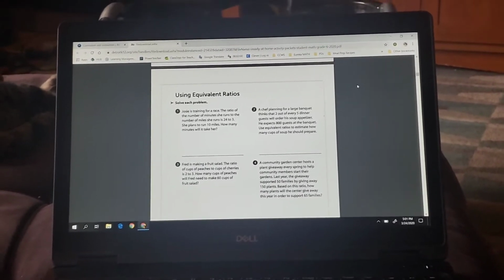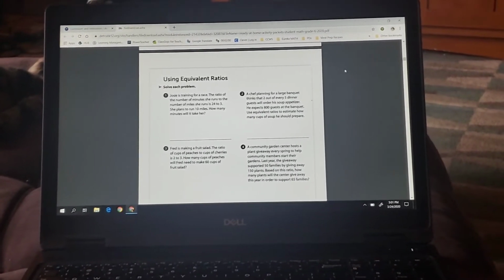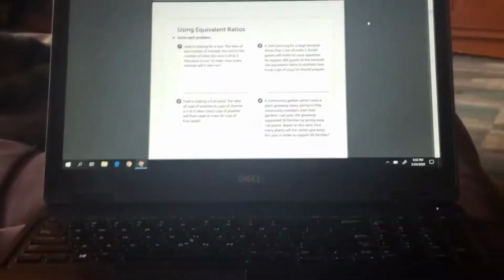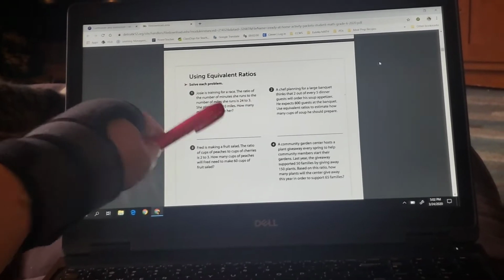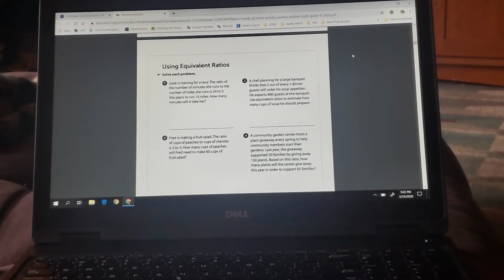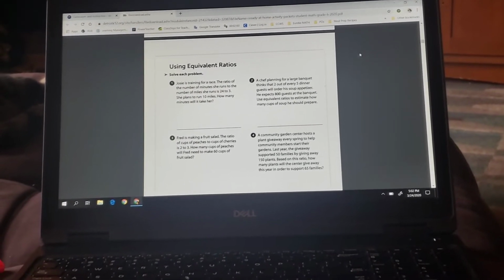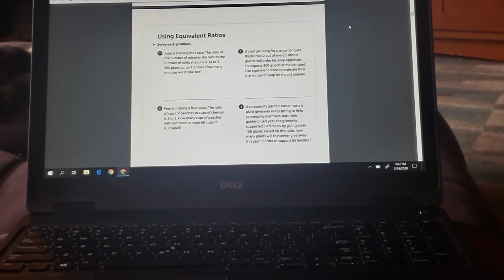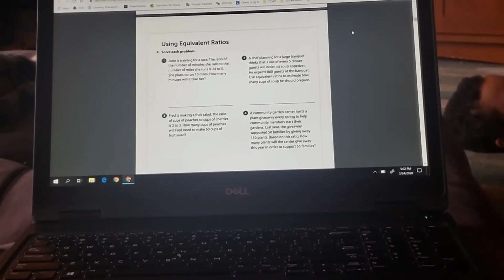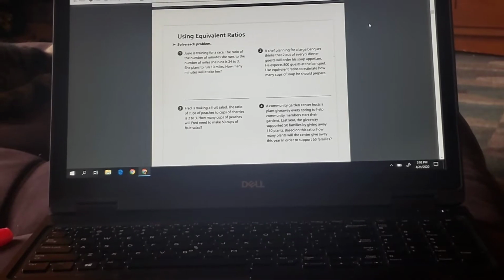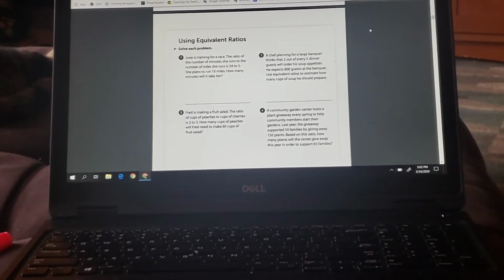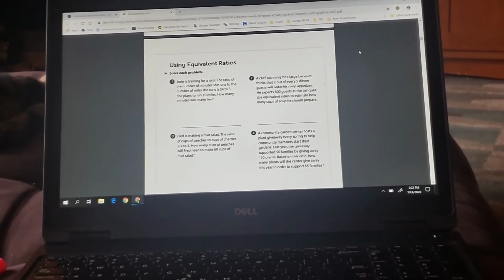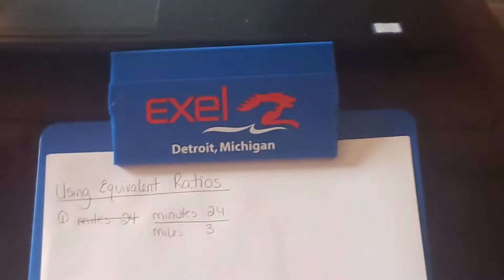So, if you've read problem number 1, and you highlighted, I would have highlighted that she runs 24 minutes for 3 miles.